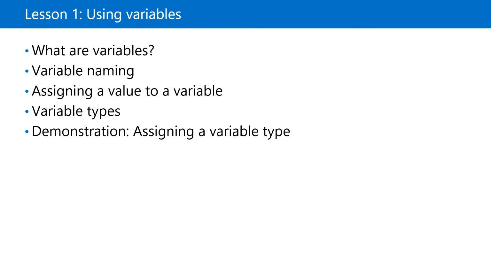When working with variables, it is also important to name them appropriately, and we can assign them the right data type. The objectives in this lesson are: what variables are and variable naming, then explaining how to assign a value to a variable, and describing the variable types and how to assign the variable type. That's in the demonstration.